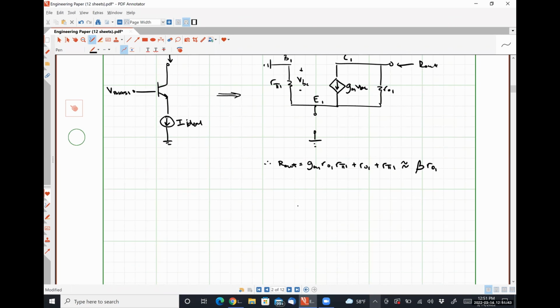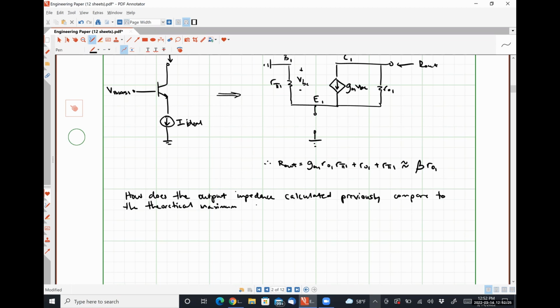How does the output impedance calculated previously compare to the theoretical maximum value of R out?